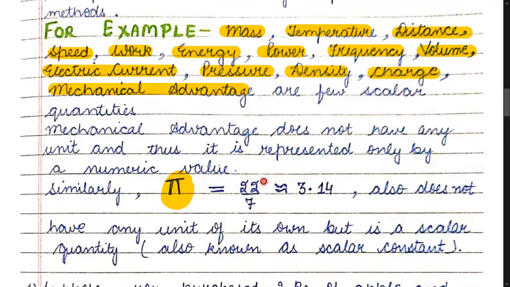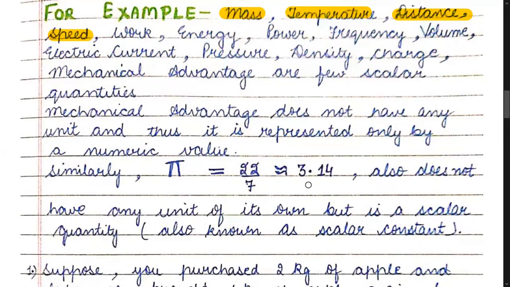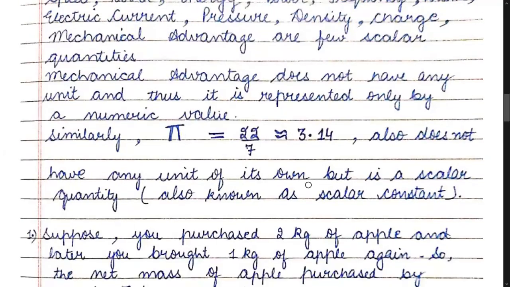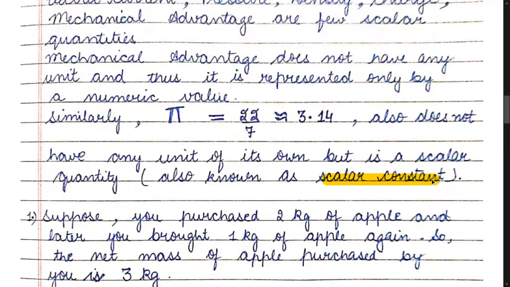The value of pi is 22 by 7, and we can approximately write it as 3.14. Pi is a number, and thus it does not have any unit. But it is a scalar quantity, and it is also known as a scalar constant.